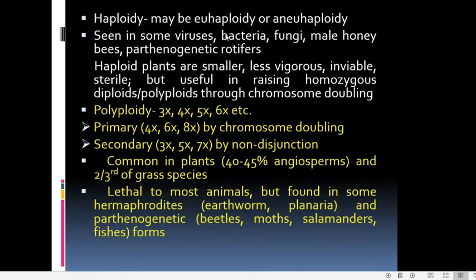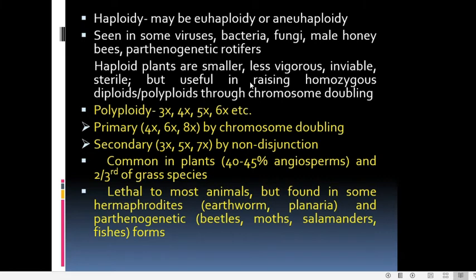Then we move on to haploidy. Haploidy is a condition where the somatic cells contain the gametic number of chromosomes. It can be divided into euhaploidy and aneuploidy. In euhaploidy, the chromosome number is exactly the same as the gametic number, whereas in aneuploidy there can be a loss or a gain of a chromosome, so the number will be either more or less than the actual gametic number.